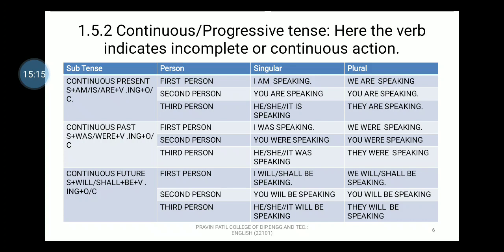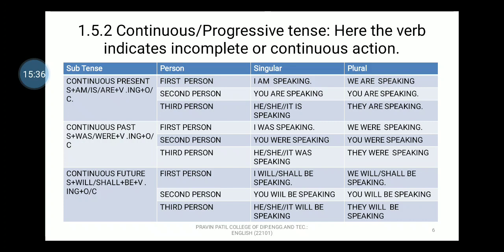Was a singular है, were a plural है. If the singular is subject, then was speaking, okay, and he, she, it was speaking, but you या plural आता है इसलिए were speaking. And continuous में will be या shall be plus main verb ing.